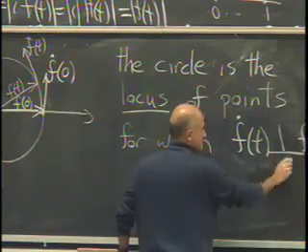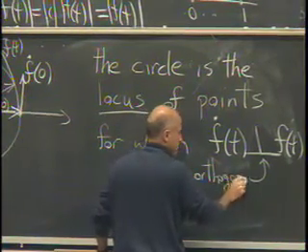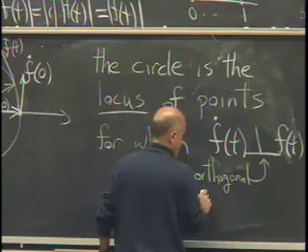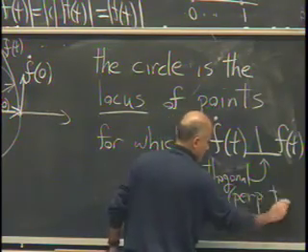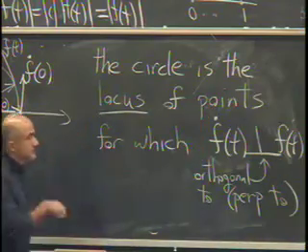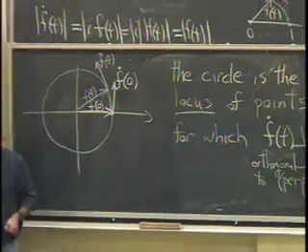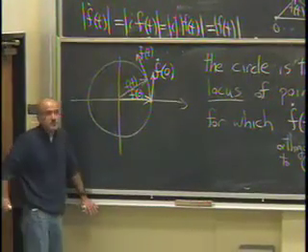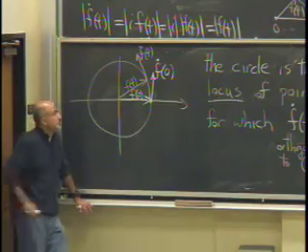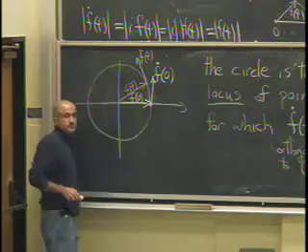So this simply means orthogonal or perpendicular to. Locus means a set of points that share a particular geometric property, or not necessarily geometric, but a certain property. So the particle moves around the unit circle.